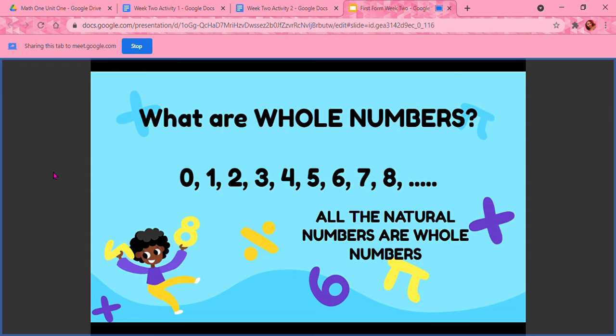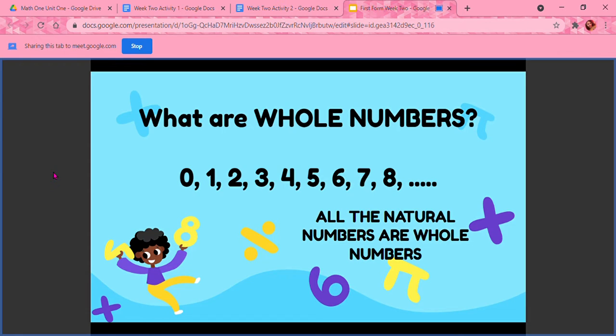Every time a number is a natural number, it is also a whole number. So in your table, if I check that the number 2 is a natural number, then I also have to put a check mark on whole number, because all of the natural numbers are under the whole numbers.